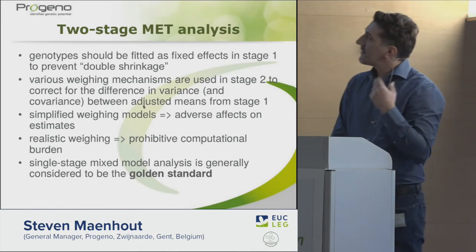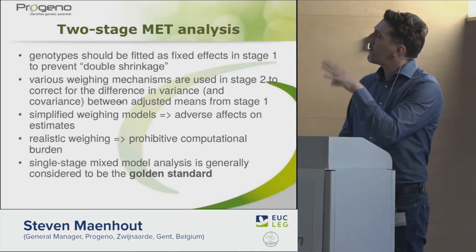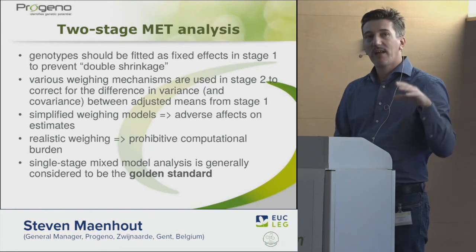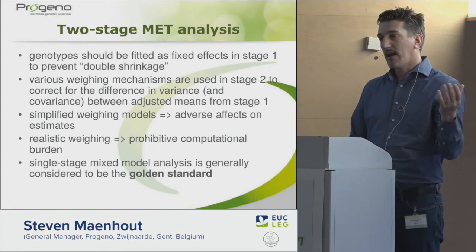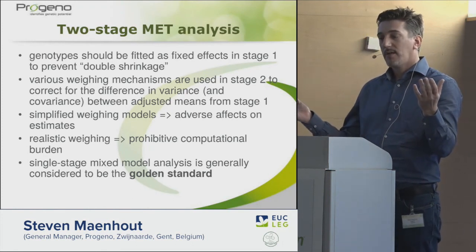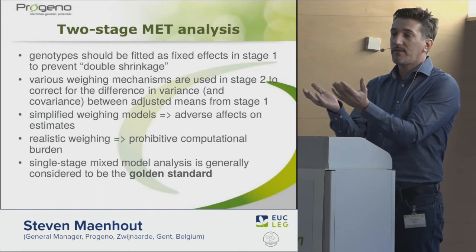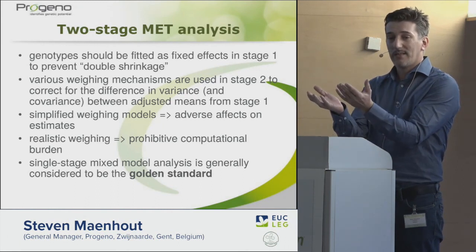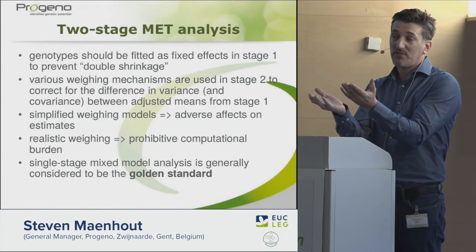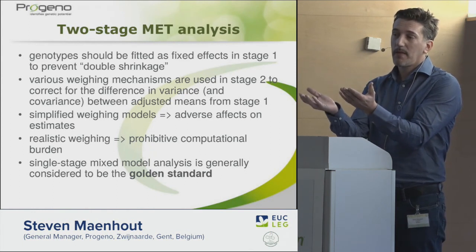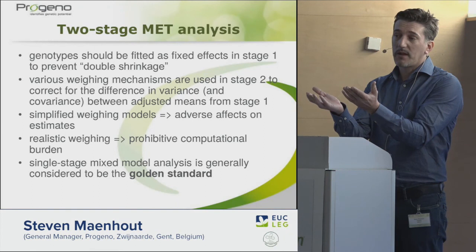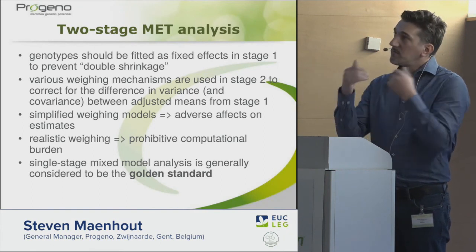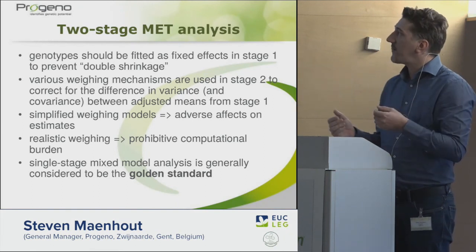The problem with this way of working is that there are various weighing mechanisms. Imagine that you have a really bad trial, and the other one is really good. If I push them together like I've shown you in the graph, both trials would have an equal weight. So the bad trial would contribute just as much as the good trial. That is not what you want. So normally you would cut down using some coefficient of variation or something.